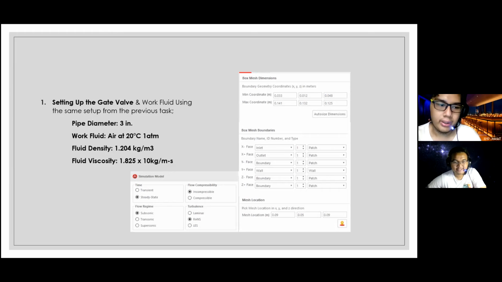And also, in this presentation, I will present the specification from setting up the gate valve.